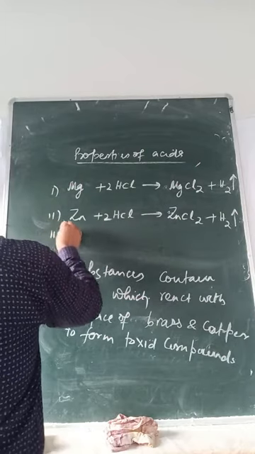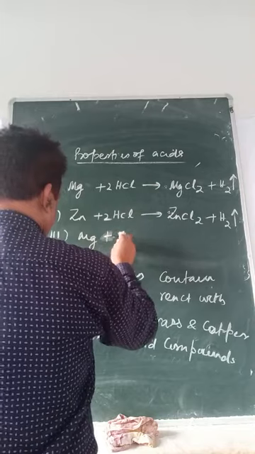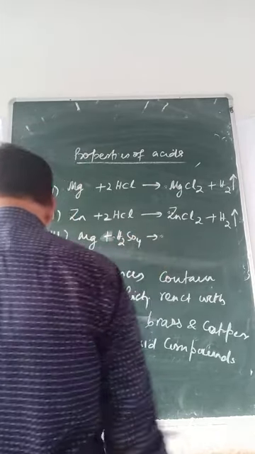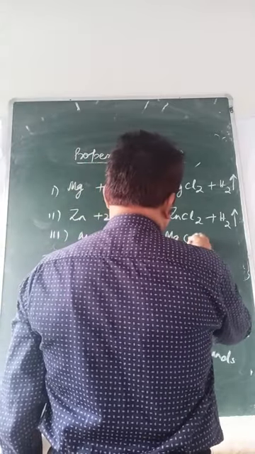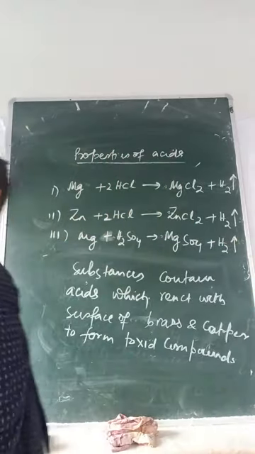Third, magnesium plus sulfuric acid gives you magnesium sulfate plus H2. Okay.